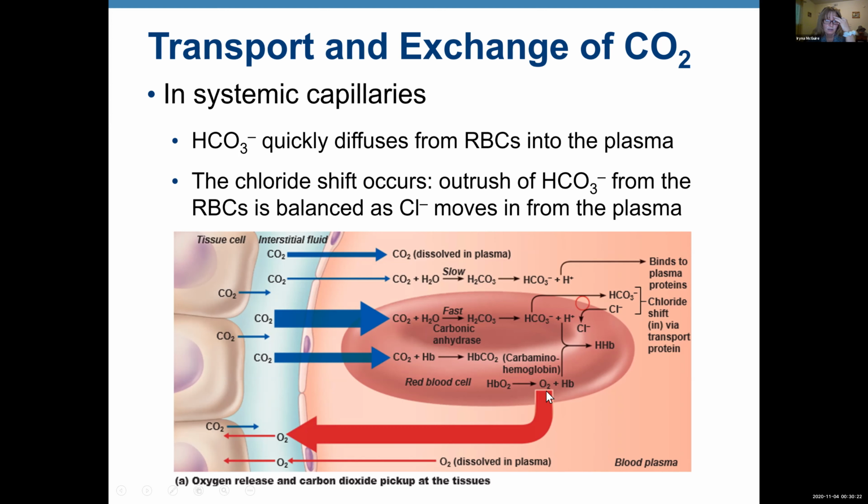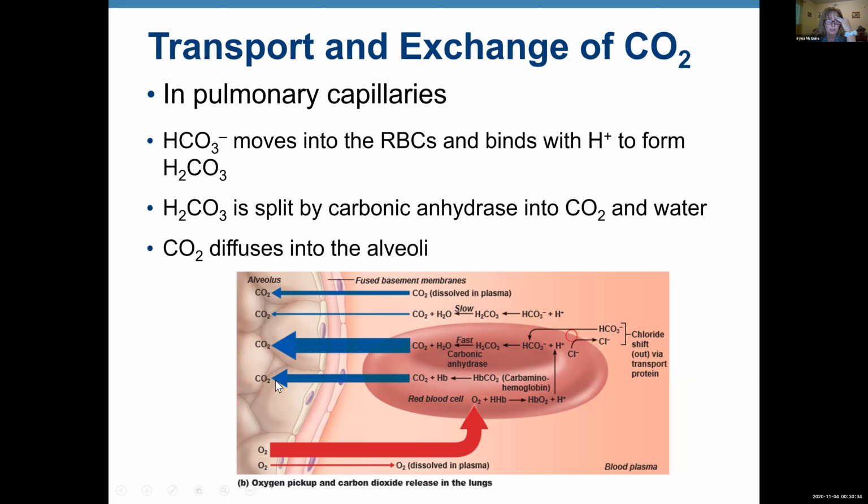And oxygen is released from hemoglobin to the tissues, and some that was dissolved in the plasma, a small amount also, moves to the tissue. Now, this is what happens in the alveoli. So it's reversed: oxygen moves inside red blood cells, most of it, right? Some is dissolved in the plasma, and carbon dioxide now moves to the alveoli.